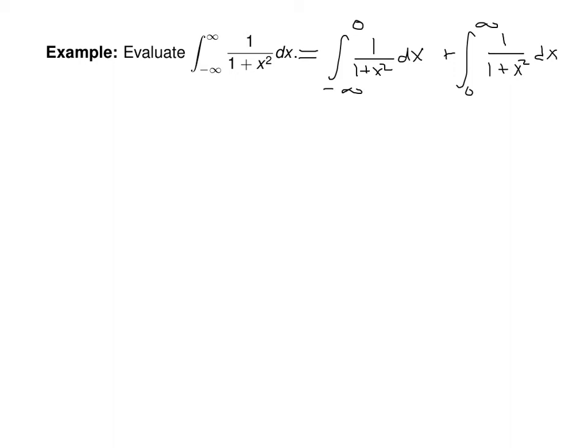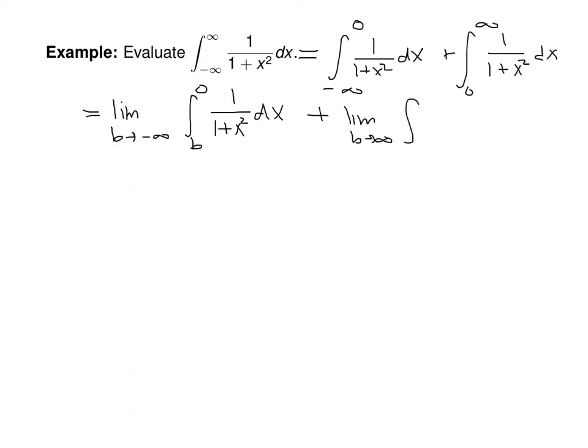So first, we'll find the limit as b goes to minus infinity, the integral b to 0, 1 over 1 plus x squared dx, plus the limit as b goes to positive infinity, 0 to b, 1 over 1 plus x squared.